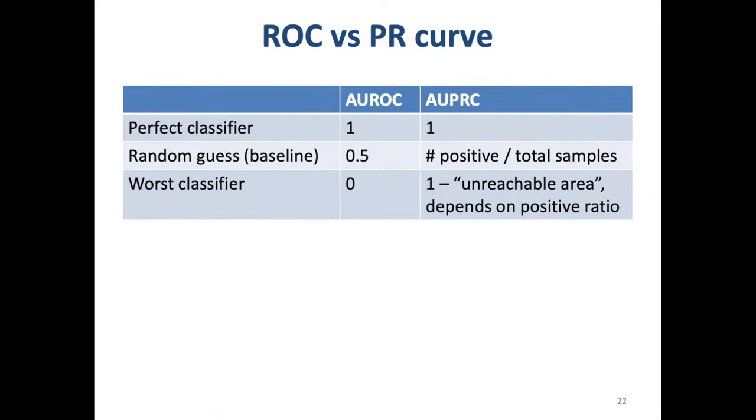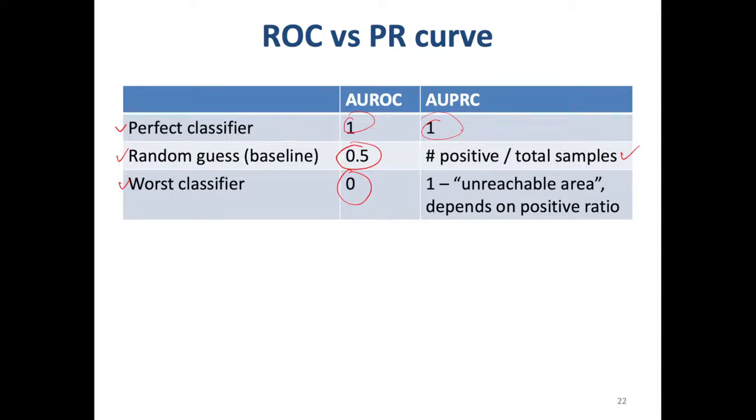So let's compare ROC curve and PR curve. For a perfect classifier, the area under the curve is 1 for both. For a random classifier, area under ROC curve is 0.5. Area under PR curve depends on the positive ratio. For a worst classifier, area under ROC curve is always 0.